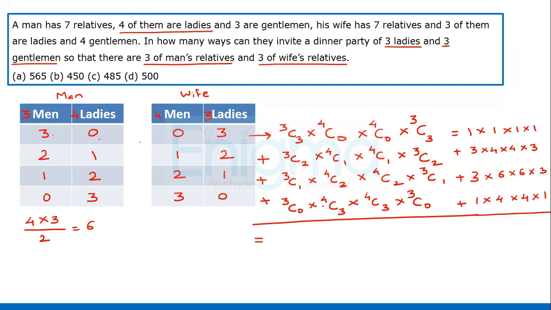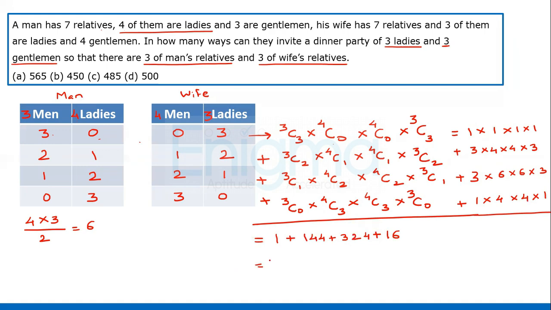So let's calculate this. So this becomes 1 plus, this is 3 4s are 12 square, that is 144, plus this becomes 3 6s are 18 square, that is 324, plus 16.